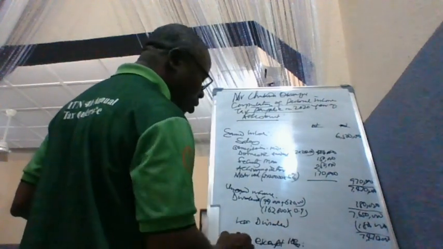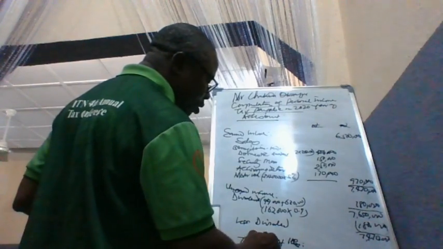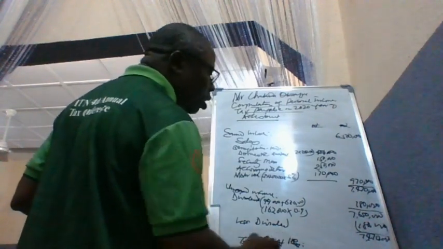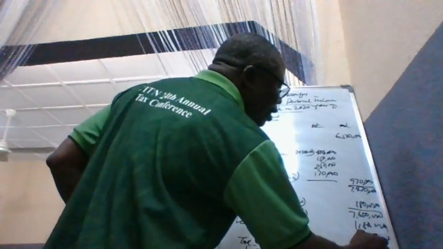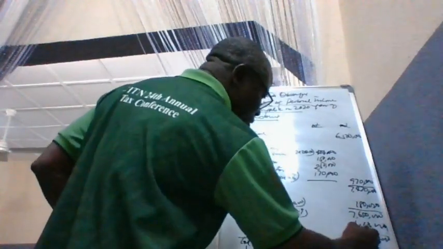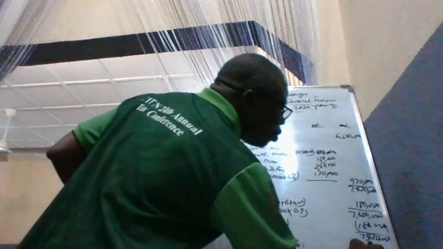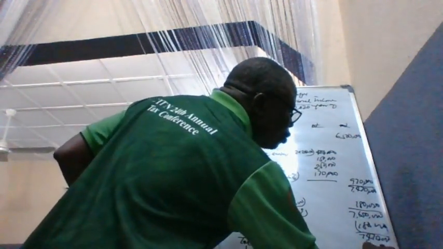One of them is life insurance. And that was, from the question, 48,000 naira. So less this is a minus. This will give us 7,422 million.